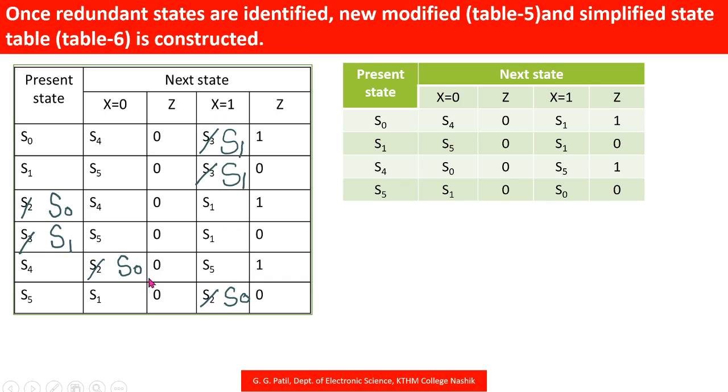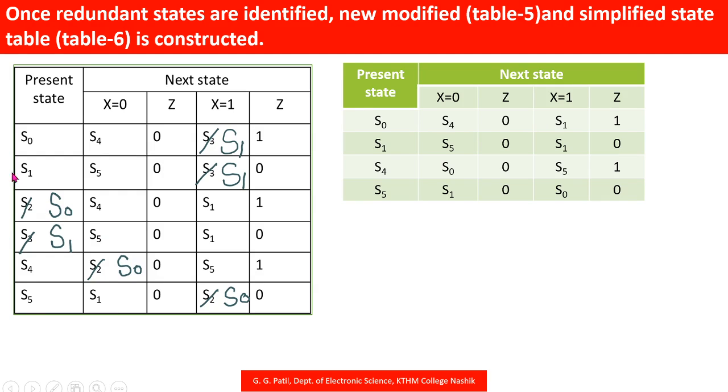In this way the equivalent states are replaced with a single state, and once it is written, you can observe these two rows: S0, S0, next state is S4, S4, output is 0, 0, S1, S1, 1, 1. So there is no need to have these two rows simultaneously. These two rows are replaced by a single row, S0, which is given in this simplified state table.